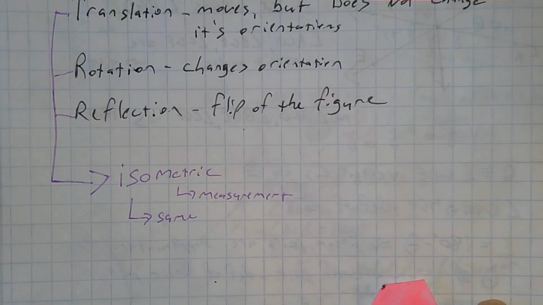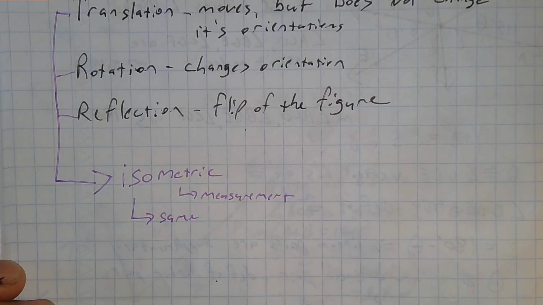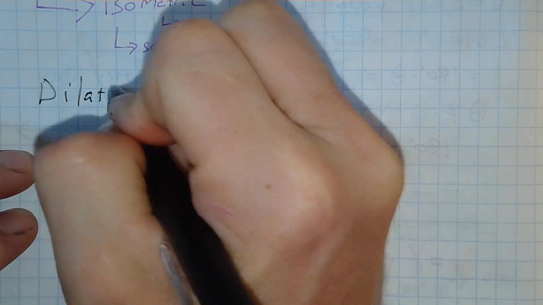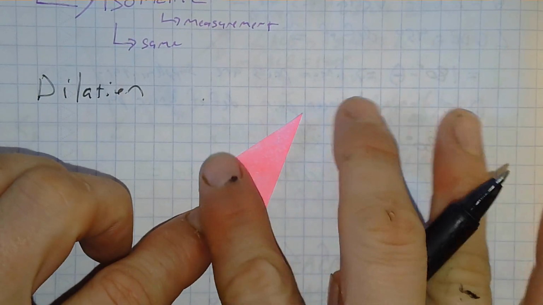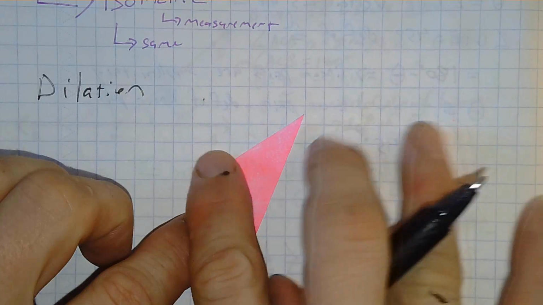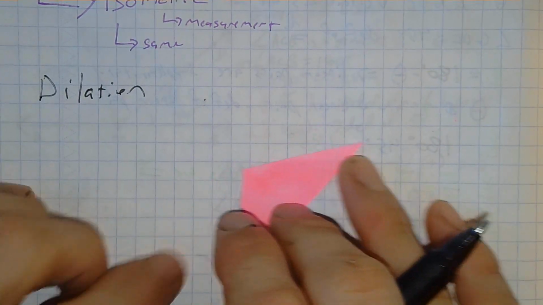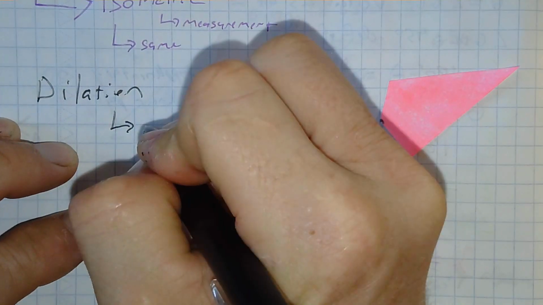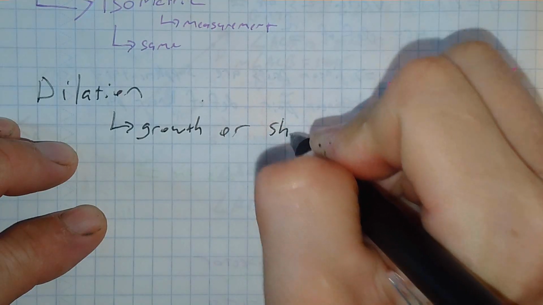And then there's a fourth one, and it's called a dilation. It's going to change location because it grows or it shrinks. This is a growth or shrink.